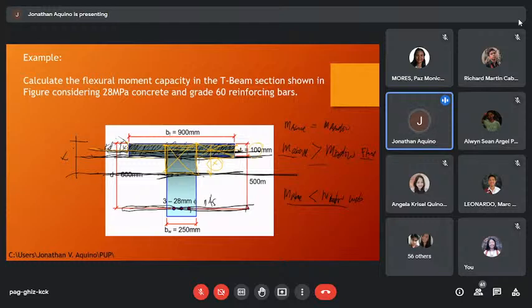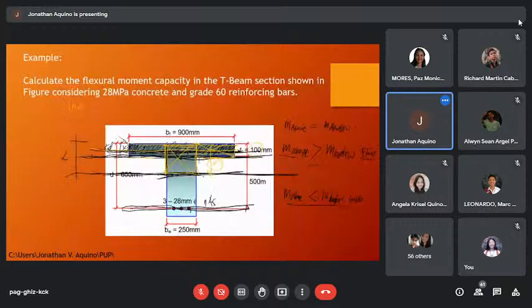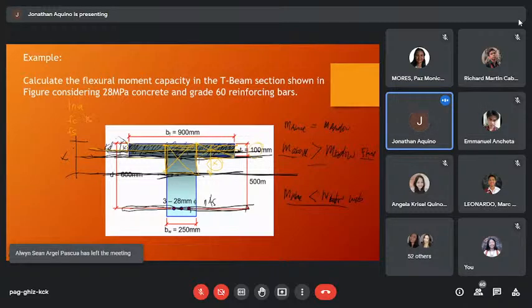After determining the location of the neutral axis, you can now solve for the centroidal moment of inertia. After solving for the centroidal moment of inertia, you can now get fc and fs, or the moment capacity of the concrete and the moment capacity of the steel. So stress is equal to Mc over I from the basic formula.